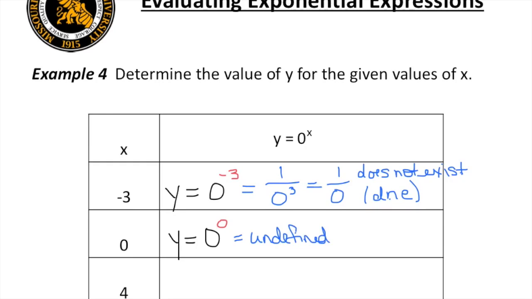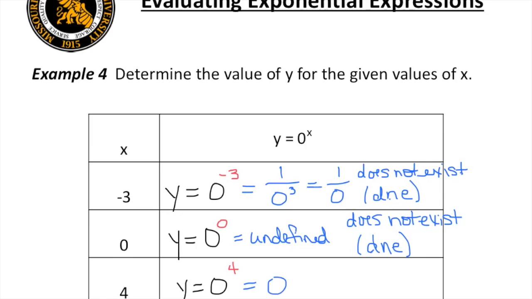So again, the answer for this particular computation is again does not exist, DNE. Now let's try x equal to 4. Replacing our x with a 4, we have 0 to the 4th power, which is simply 0.